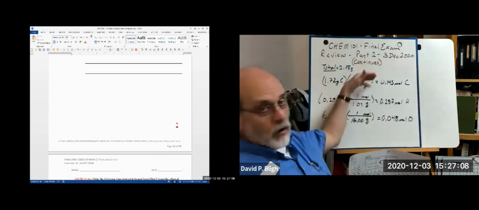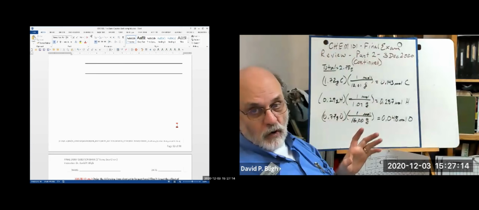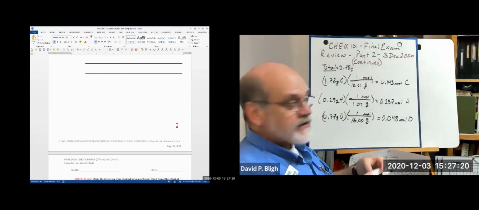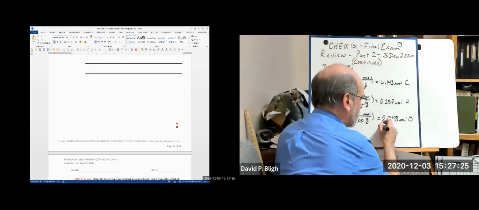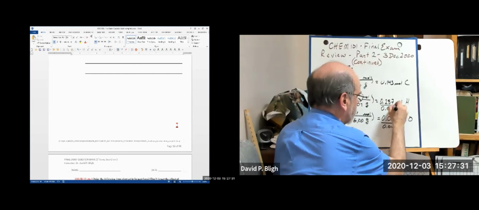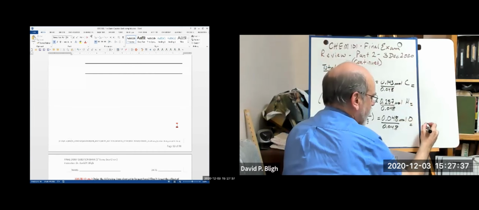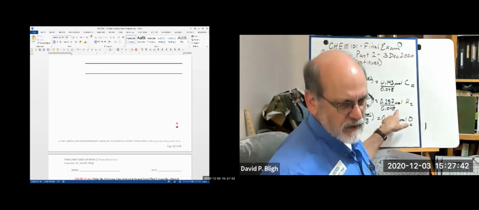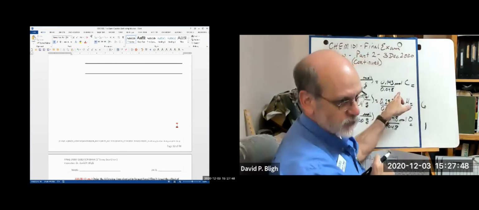Okay, so this is the mole ratio of each one of these elements. But it's not the whole number mole ratio. So what we need to do is divide by the smallest number to start with. So we divide each by this one. That's 1. This one is 6. And this one is 3.